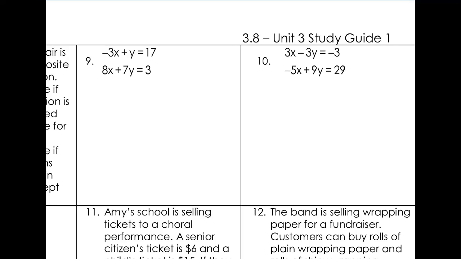So the first thing we're going to do is we want to get rid of the -3x. Let's write this outside here. So -3x plus y equals 17. So we want to get rid of the 3x. So what we're going to do is add a positive 3x to get that on the other side.